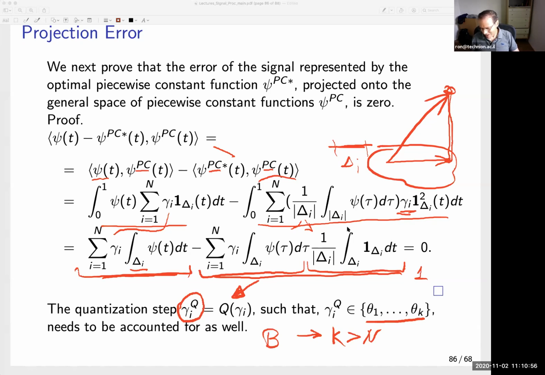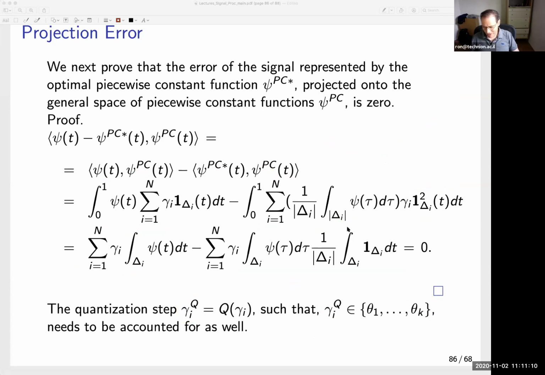Okay, so k is probably smaller or much smaller than n, and then we are asking the following question: what would be my theta k's that would represent my gammas? Okay, so let's do the math and find which would be. And do you have any idea how to do that? I mean, how should I find the representative values?